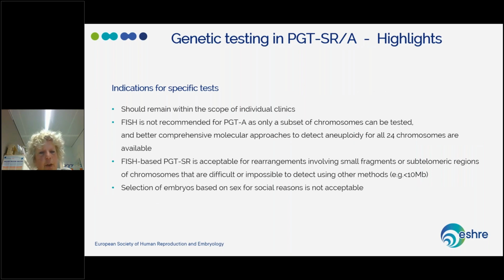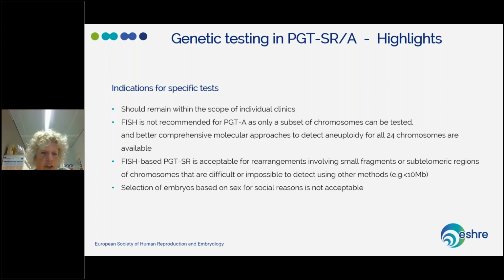So speaking of indications for specific test, it was decided that this should remain within the scope of individual clinics. But as ESHRE and as the working group, we felt that FISH is not recommended for PGT-A, as only a subset of chromosomes can be tested and better comprehensive molecular approaches are available today.